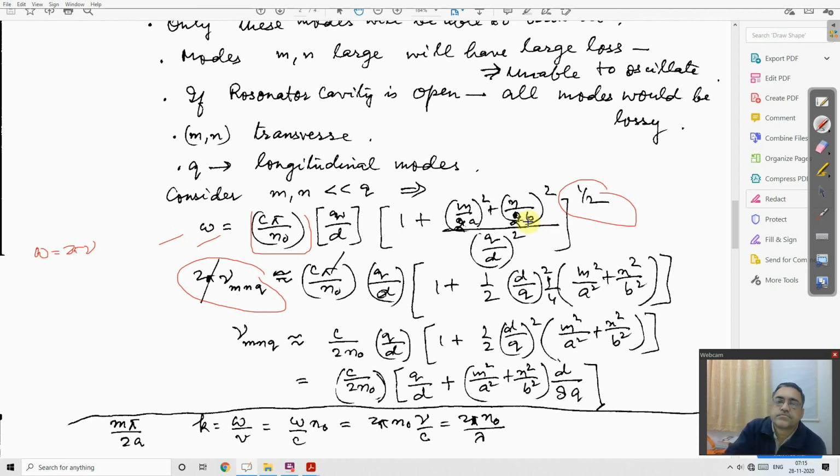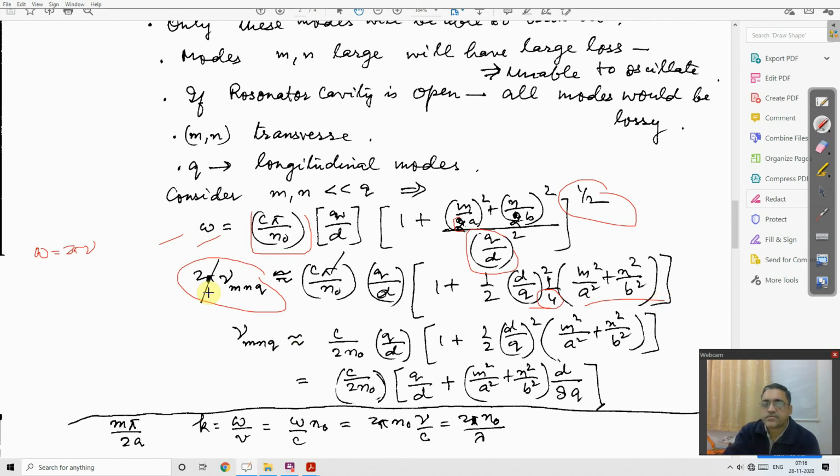Because q is quite large, we get c pi by n naught, q by d, times 1 plus half of (d by q) squared, with the 1 by 4 and the 1 by 2 squared. So we get 1 by 4, and the rest is within the bracket.